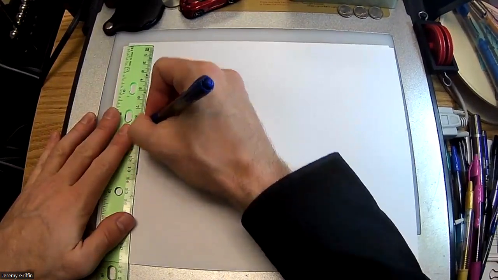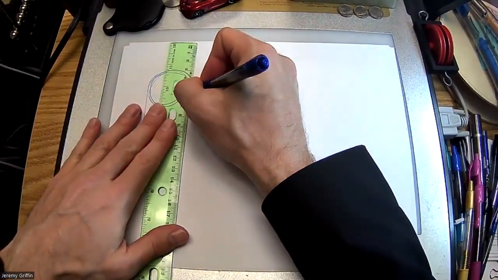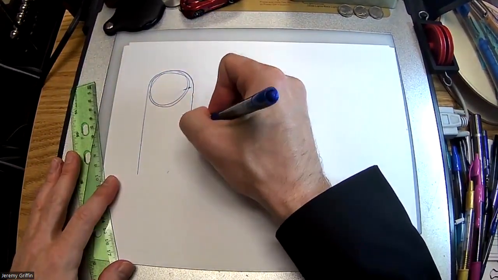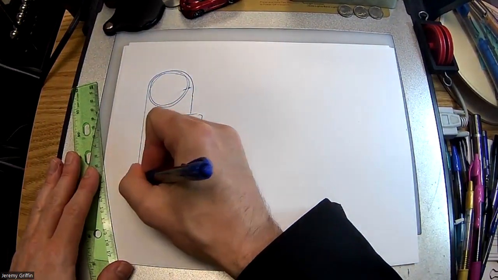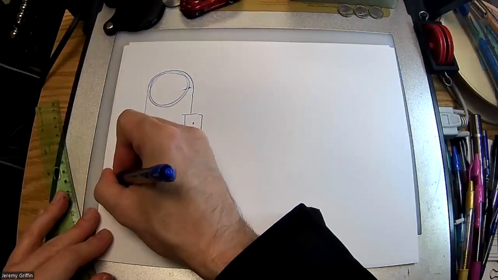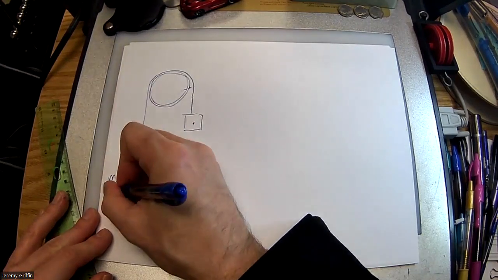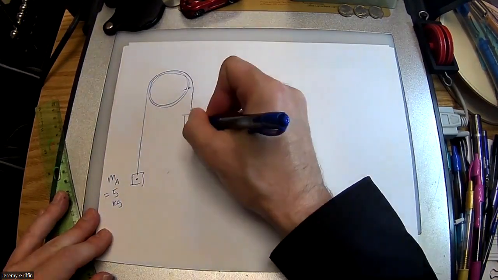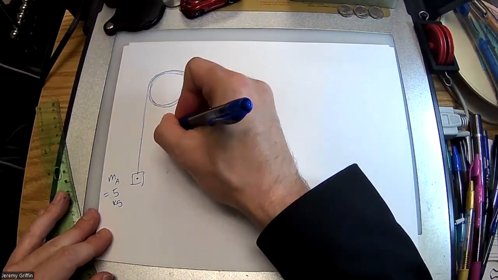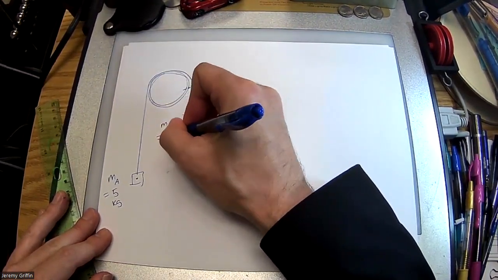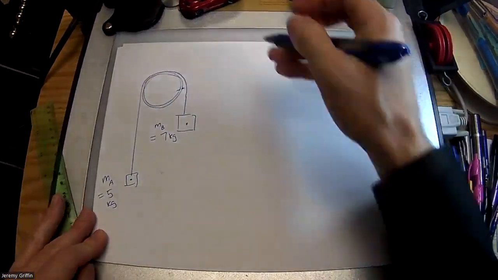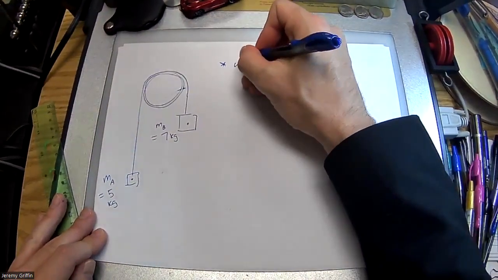Let's throw a couple of masses on here, and then I'll give you guys two questions. Let's say mass A is 5 kilograms, and mass B is, how about, 7 kilograms. There you go, 5 versus 7. I've got two questions.